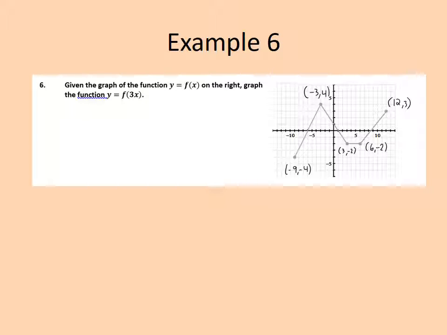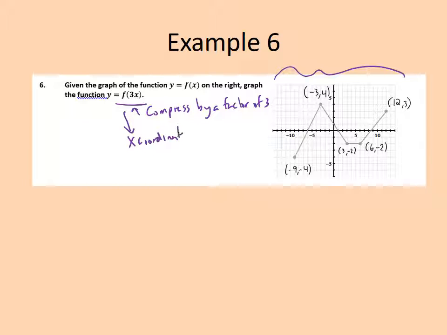Now we're going to do an example. We're going to take this graph and we're going to change it by f of 3x, which means we're going to compress by a factor of 3. Because it's inside the function, we're going to take all of the x-coordinates, and the x-coordinates will be divided by 3.